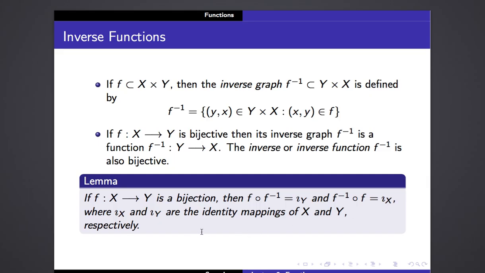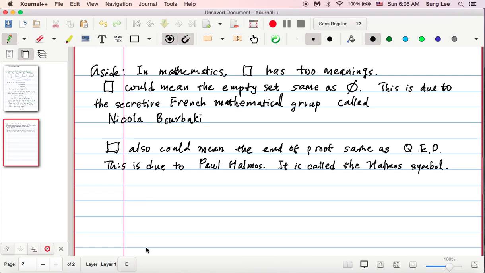So what is an identity map? I'm sure you know, but let me quickly mention what it is. I sub x is the identity map from x to x itself.